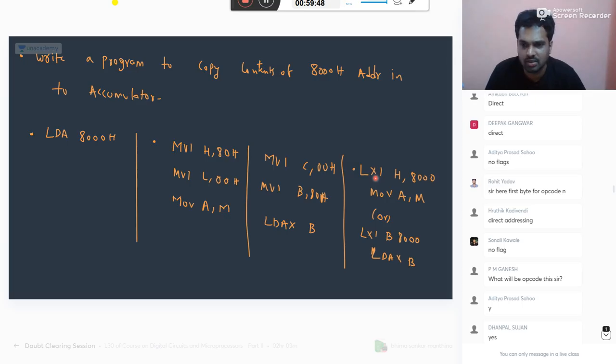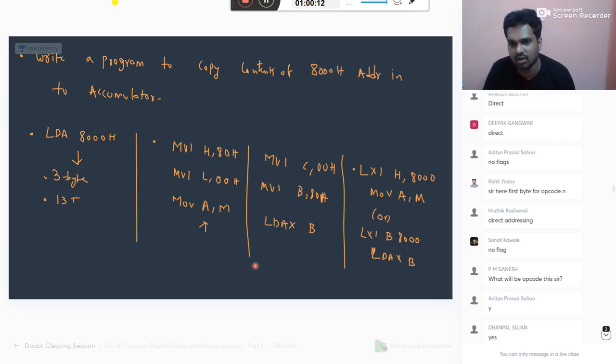MOV can come with BC, but what is the use of that now? We don't have that use. So listen here. In this case, your job is completed in 3 bytes and 13 T states. Here, MOV A comma BC is not there.